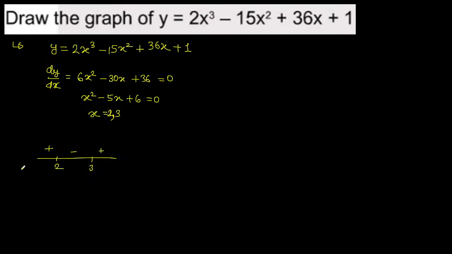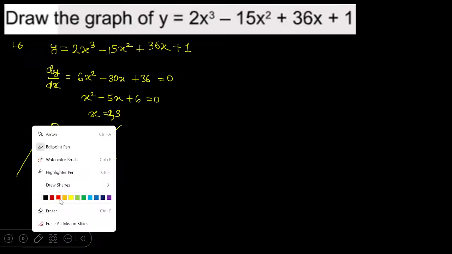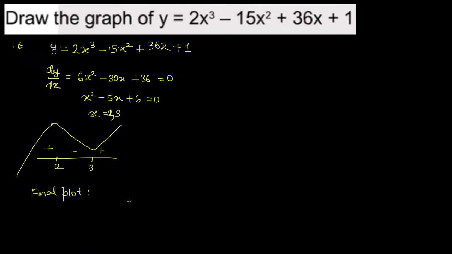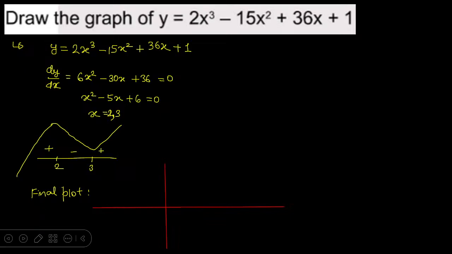So when you go to minus infinity, it is increasing, decreasing, increasing. So final plot, we have 2, we have 3.